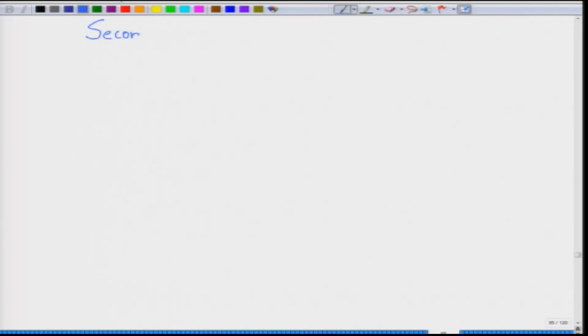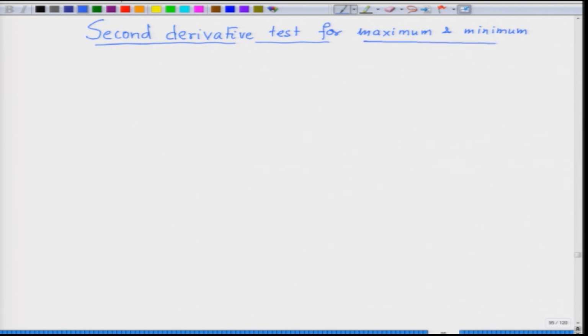Second derivative test. Now, here as always we will consider a function f from R2 to R. This taking of just two variables is a very important marker in the sense that it gives you an idea of what things are happening.